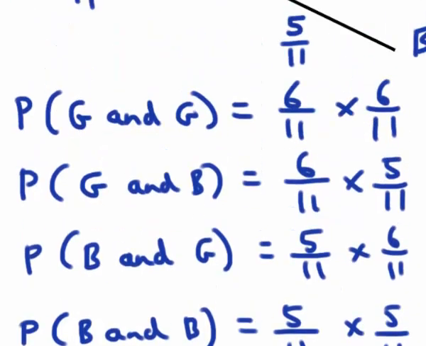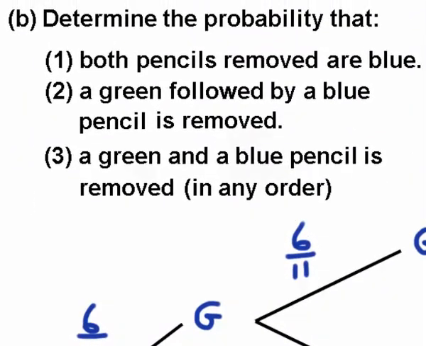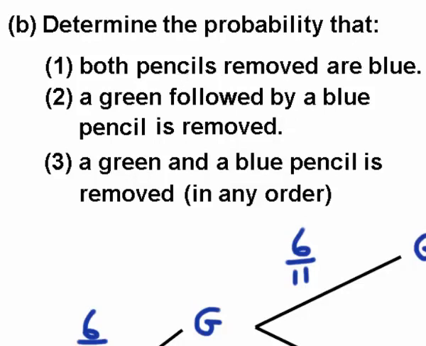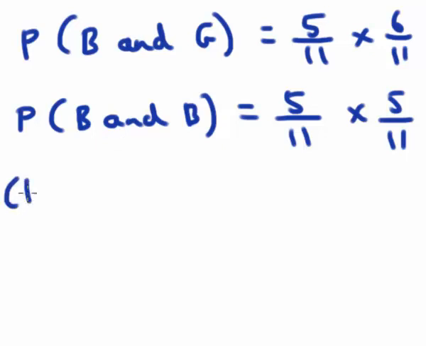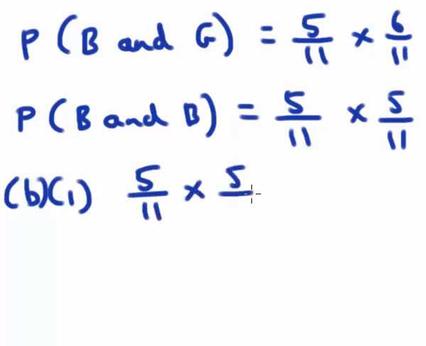Okay, so let's now answer some questions. What did they say? What is the probability that both pencils removed are blue? Well, that'll be this one. So in B1, the probability of both pencils being removed blue would be 5/11 multiplied by 5/11, which is 25/121, as you can see there.